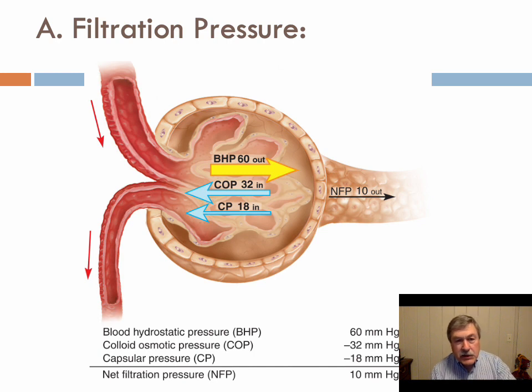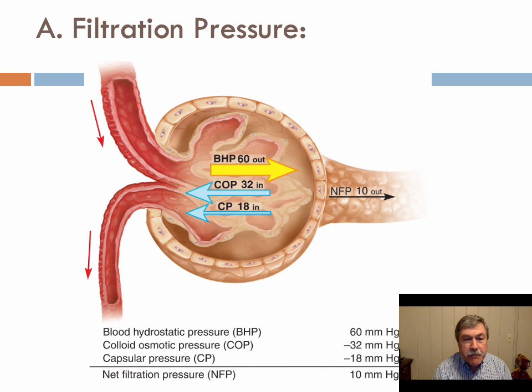So since there's more particles of protein in the plasma, water tends to move from the filtrate back across the filtration apparatus and back into the blood of the glomerulus. And so that colloid osmotic pressure actually exerts a force of 32 millimeters mercury in the opposite direction that the hydrostatic pressure is pushing the filtrate.